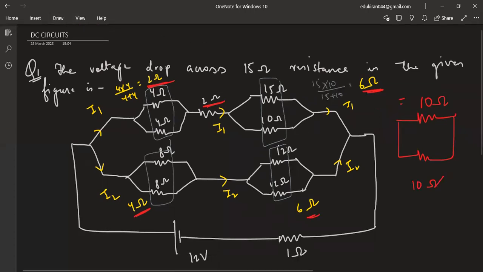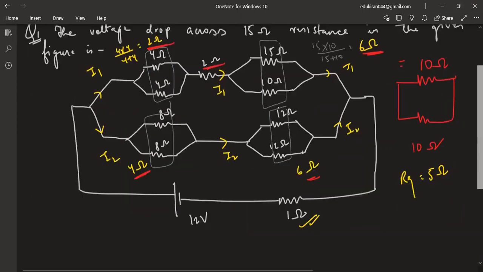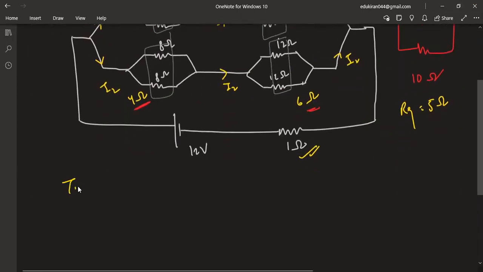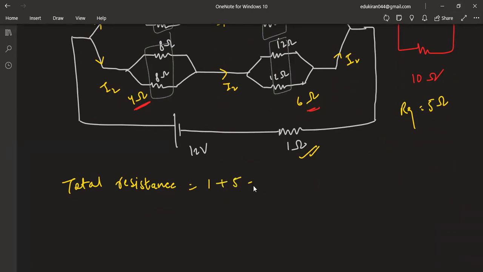So their equivalent resistance is going to be 5 ohm. Now you have one more resistor connected. So now what is the total resistance? One you will add to this 5, that is going to become 6 ohm.